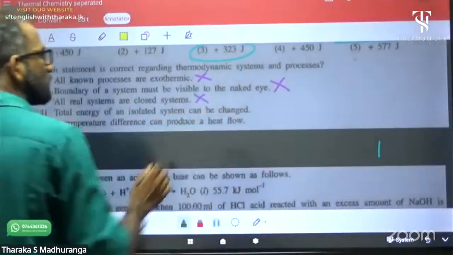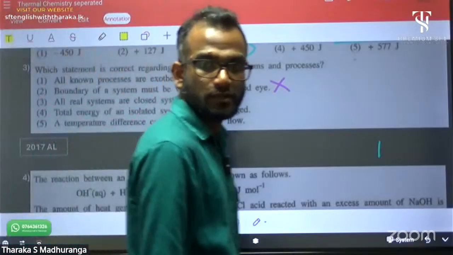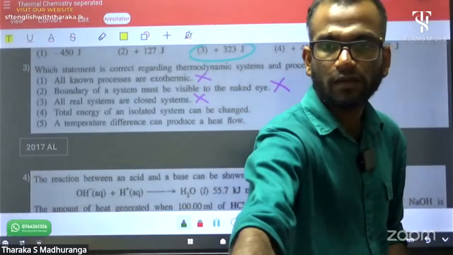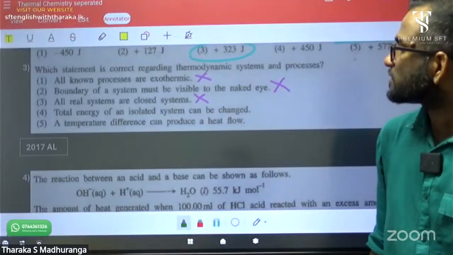No. There are three types, it can be any of them. Total energy of an isolated system can be changed.